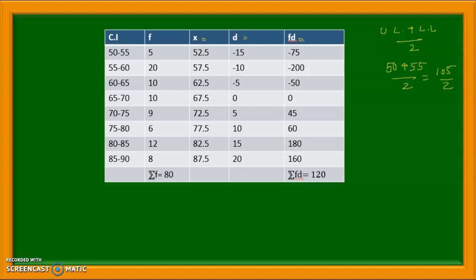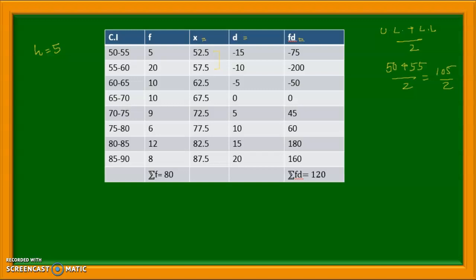Now similarly we can calculate each one. You can see the class size here is 5, isn't it? The same difference will come here also. So if you got the first one, simply check that all these class intervals have the same size. Then simply add that class size to the class mark to get the next class mark.